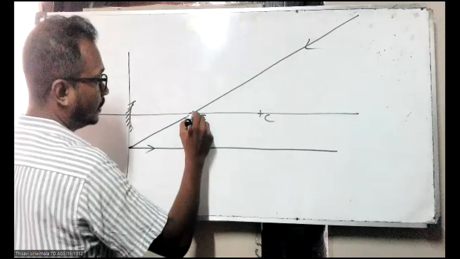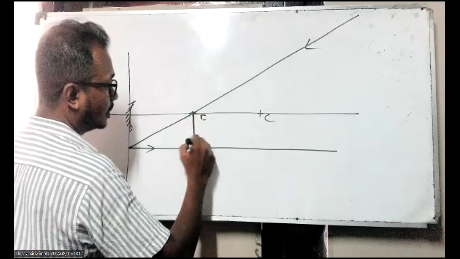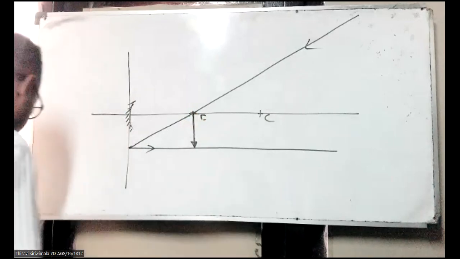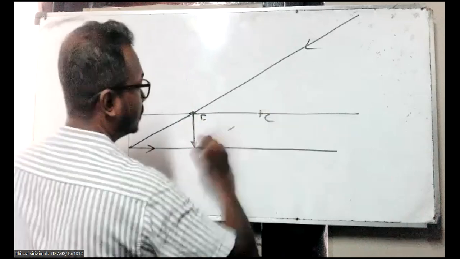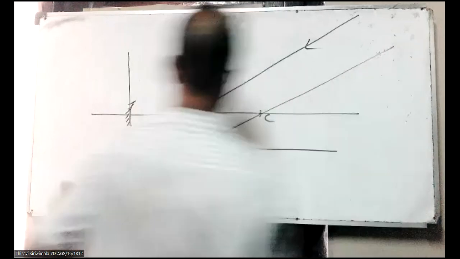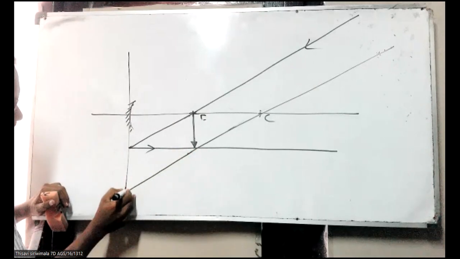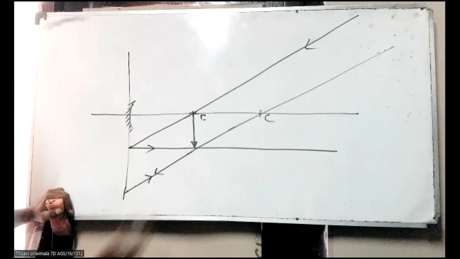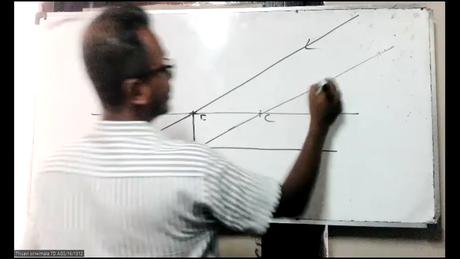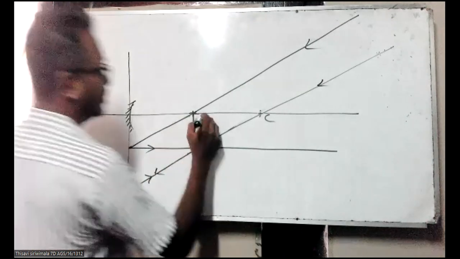So therefore, we can take the image here, right? And we can draw the other line, which is going to the C. So if your measurements are wrong, then there may be some errors. So the two lines should be parallel, at least, right?